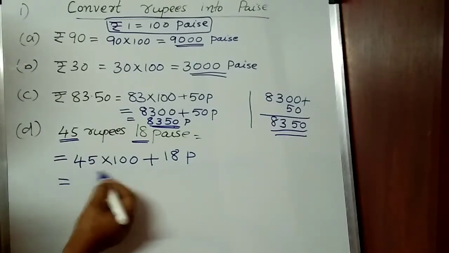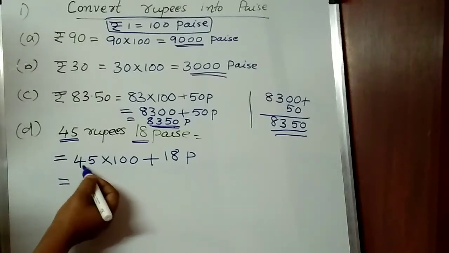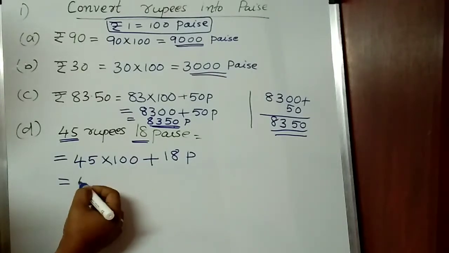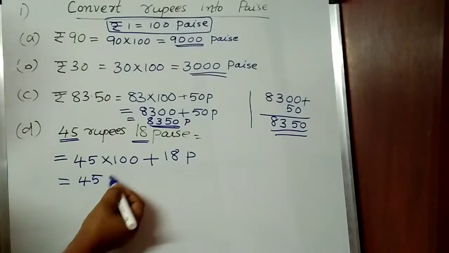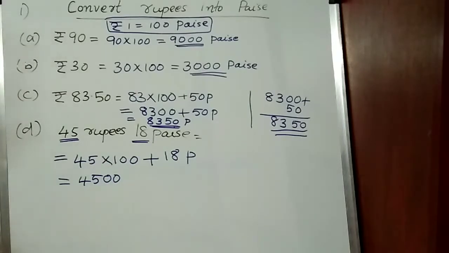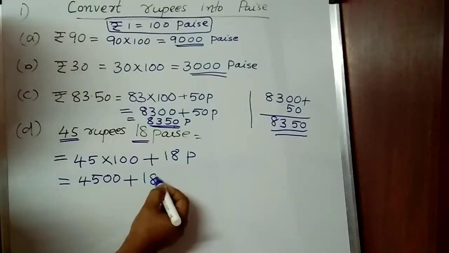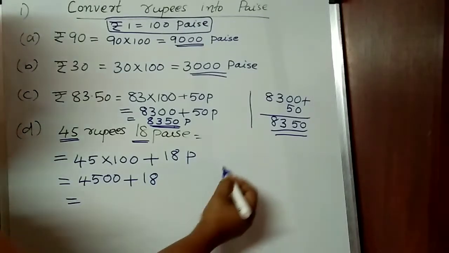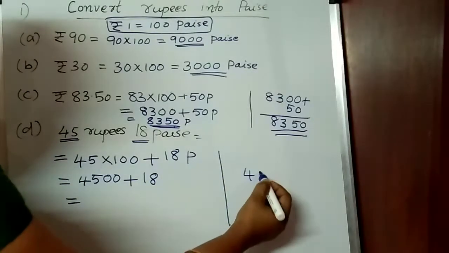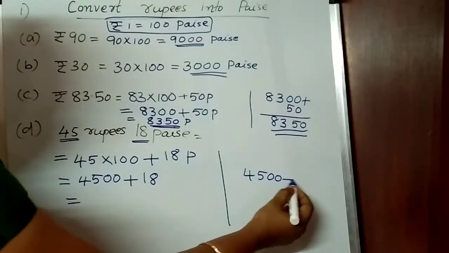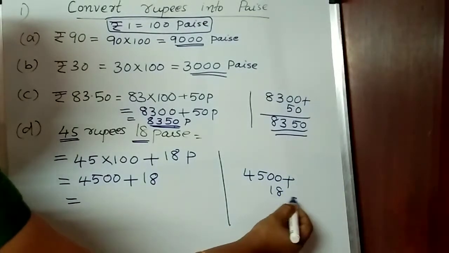You just multiply these two numbers. That means 45 into 100 is 45, then in 100 how many zeros? 2 zeros. Simply you put those 2 zeros, plus 18. Then you add these two numbers. 4500 plus 18.